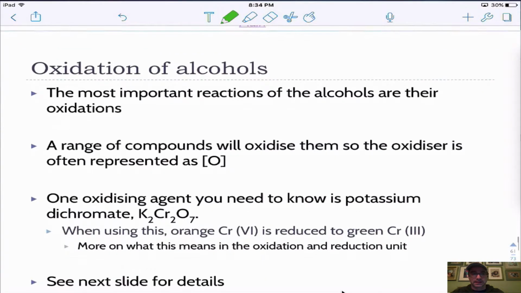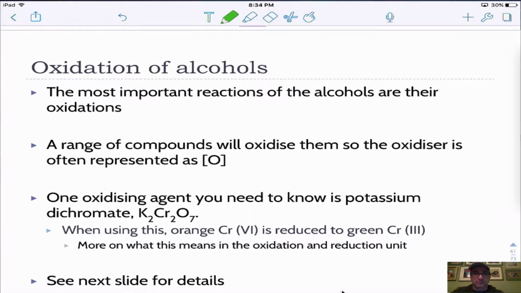We'll also talk about oxidation of alcohols. You have to be able to identify what is actually doing the oxidation, so the oxidizing agent. It's normally some type of chromate or dichromate.